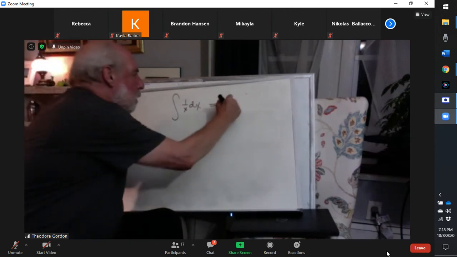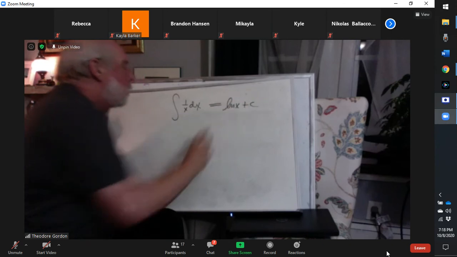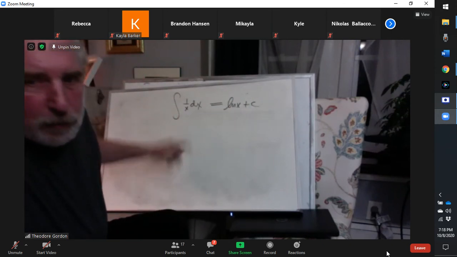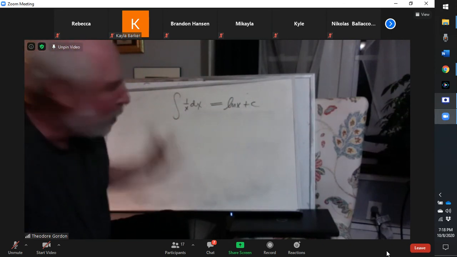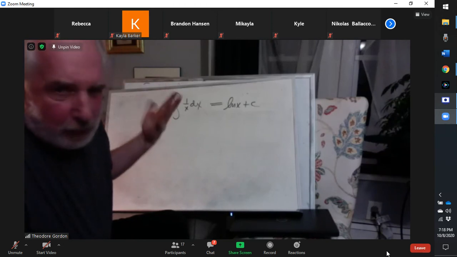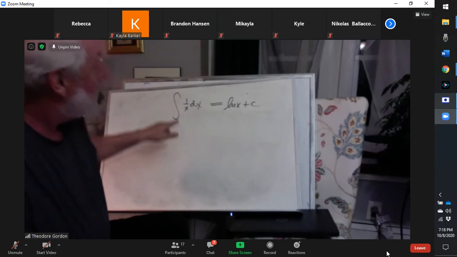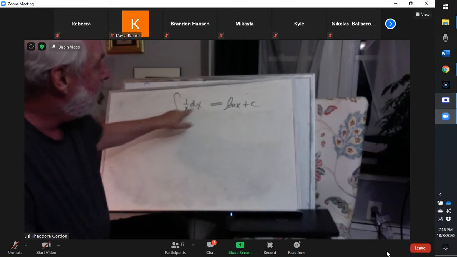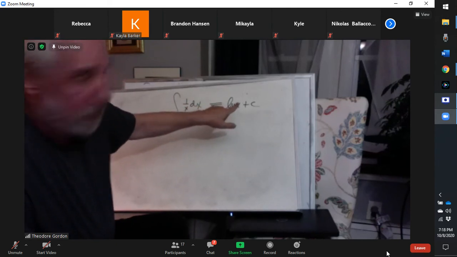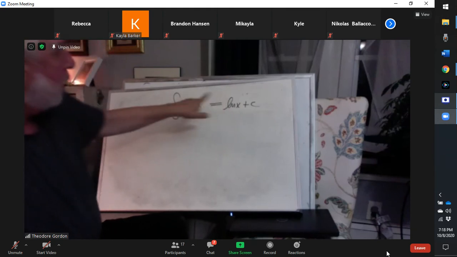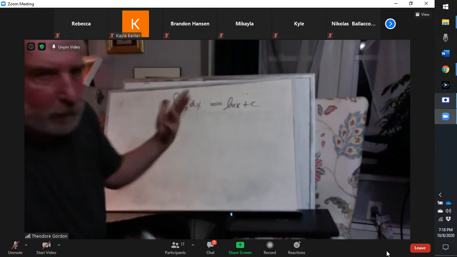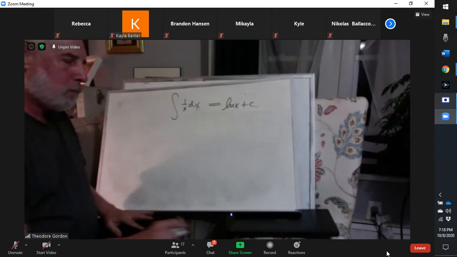Ln x plus c. And the method for that is just to know it, right? There's no calculation going, well, there are, but they're complicated. The 1 over x integral is just something you realize. So the integral of 1 over x is the ln of x. That means the derivative of ln of x is 1 over x. That's how they work, okay? All right, good.